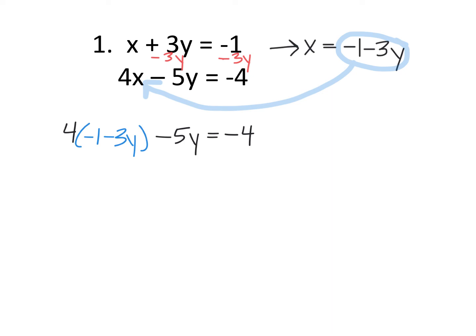This is the part that we should hopefully know how to do. We distribute, we solve. So -4 minus 12y minus 5y equals -4. You combine your like terms and get, it's -12 down 5 more.